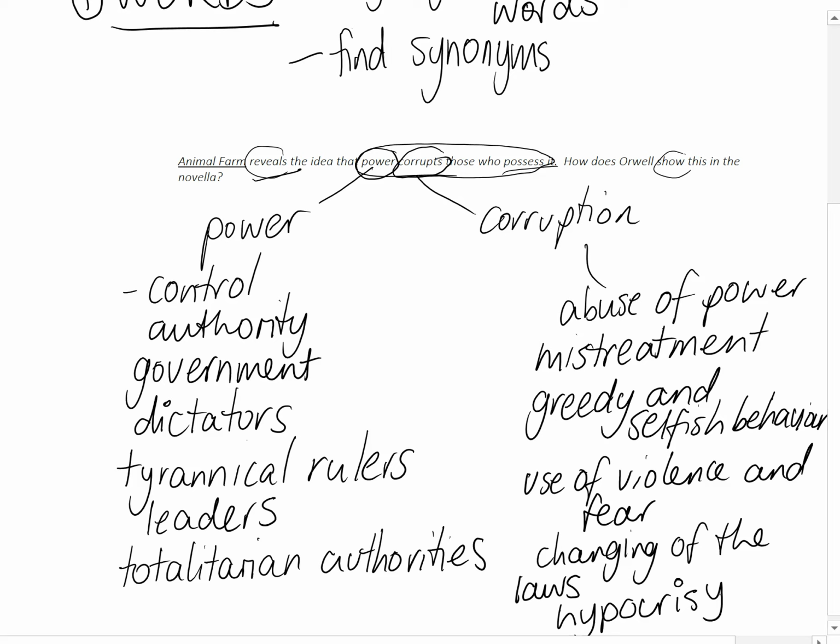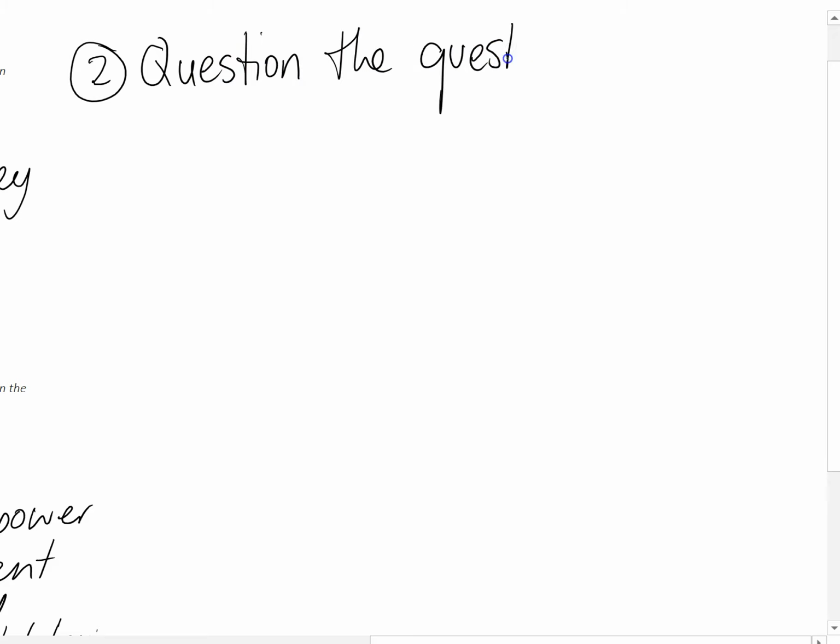We're just going to come up with a whole bunch of words. Okay, so now words is step 1. Step 2, I like to call question the question. Just to remember it, you might just think 1 is words, 2 is question.